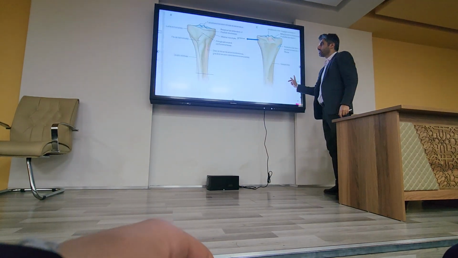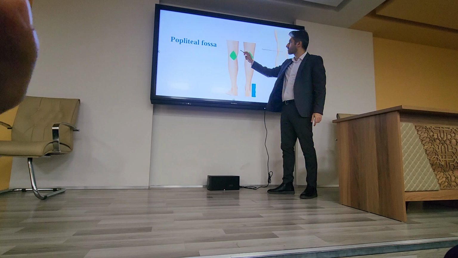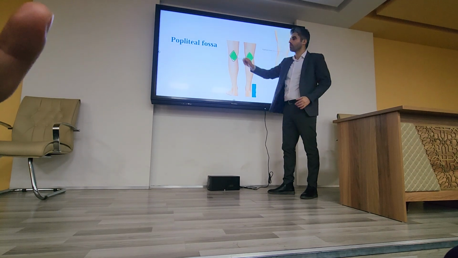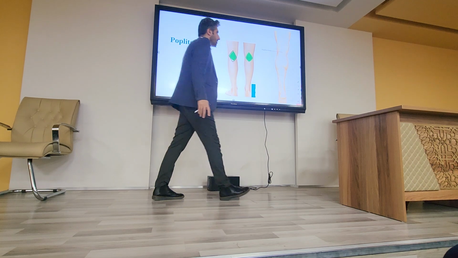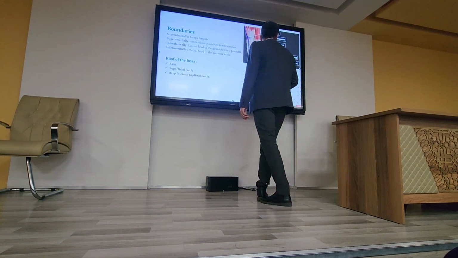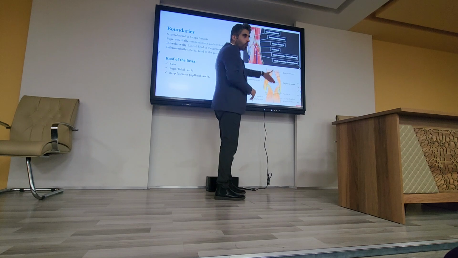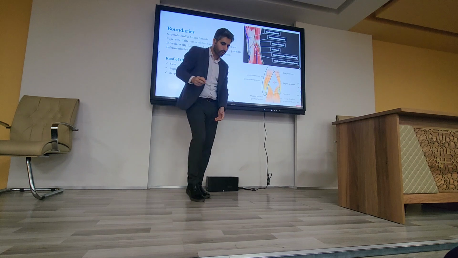Popliteal fossa. This rhomboid fossa here. What are the boundaries for this fossa? They have this shape. So you know about upper boundaries. Upper medial two muscles, semitendinosus, semimembranosus.